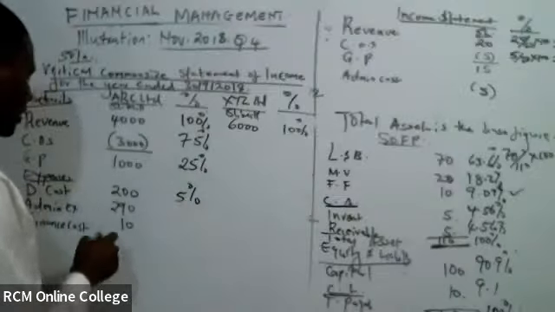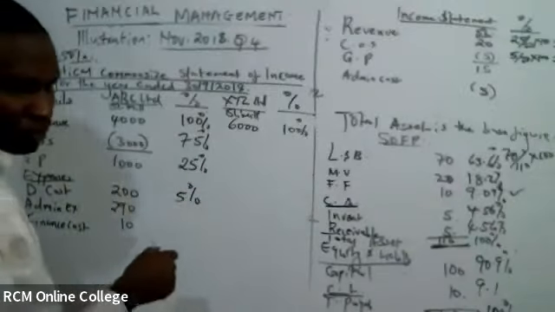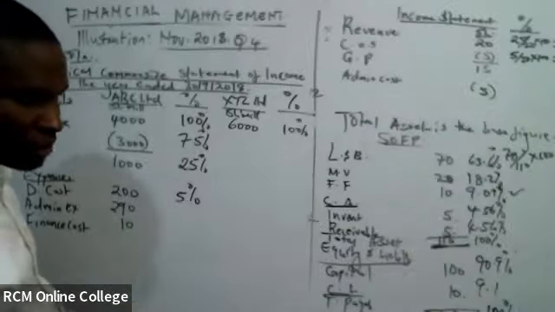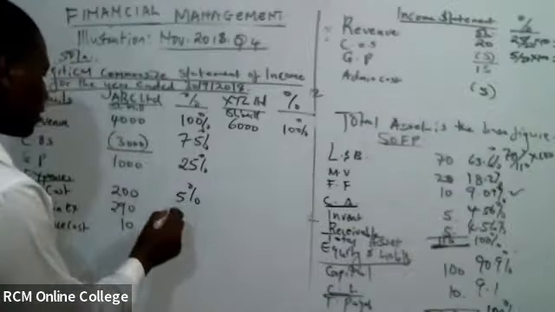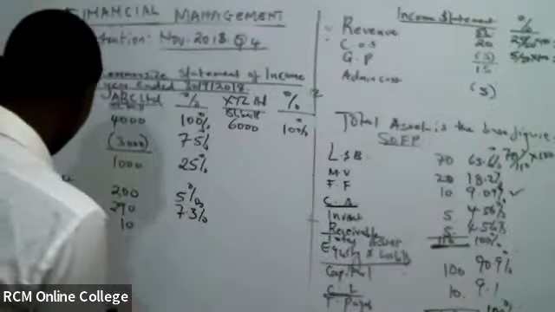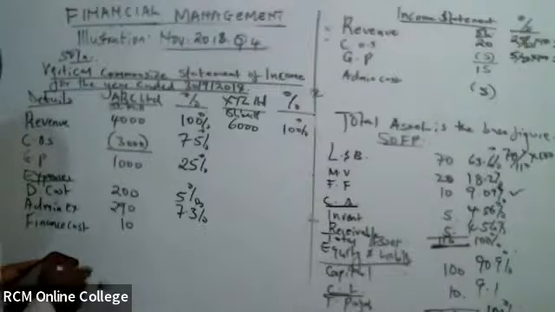And then we move to the next one, 290, which is 7.3%. One decimal point is fine.